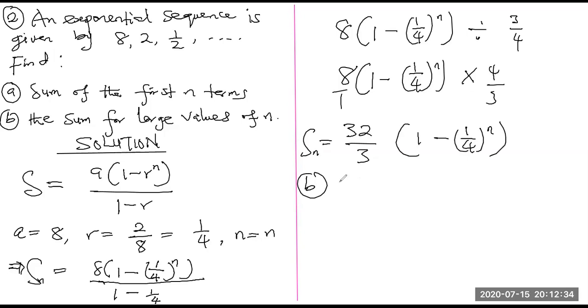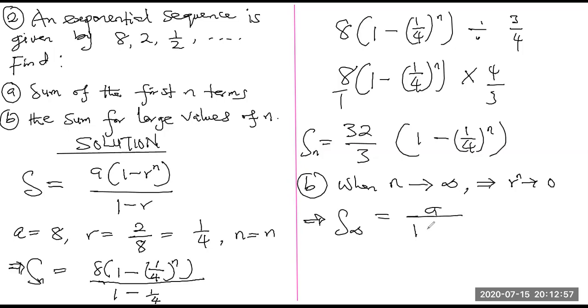Now see, when n tends to a large value, that implies that r raised to power n will approximately become 0. So that implies that sum to infinity is equal to a over 1 minus r.